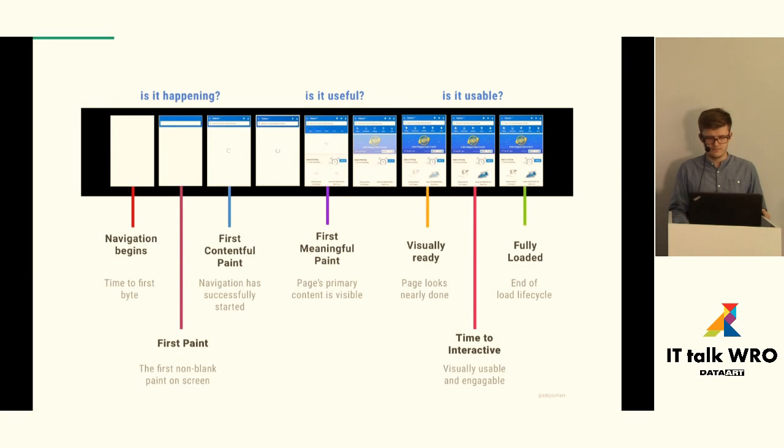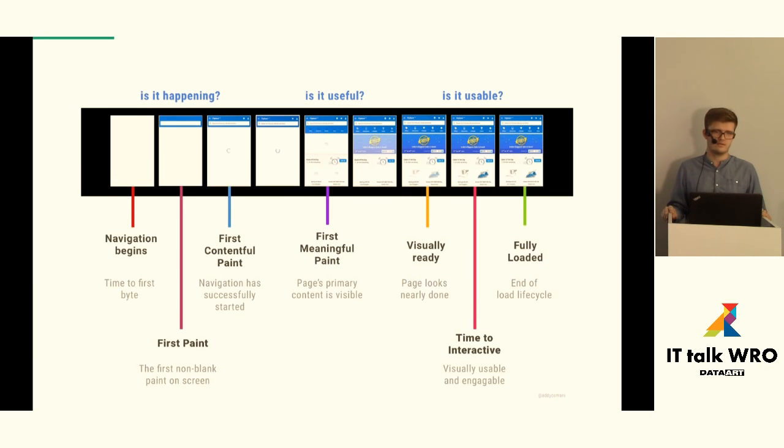So there are several key points while we are loading a mobile application, and you can see them on this graphic. First is the point when navigation begins, then when we see the first content, something meaningful, like a header or text, probably text with default fonts, because our fancy fonts are not loaded yet.